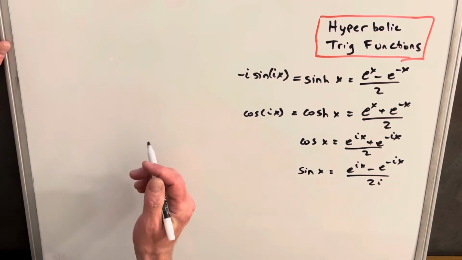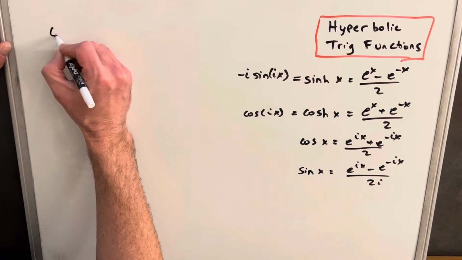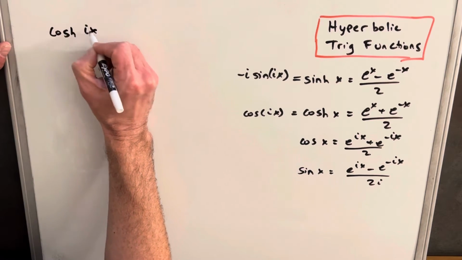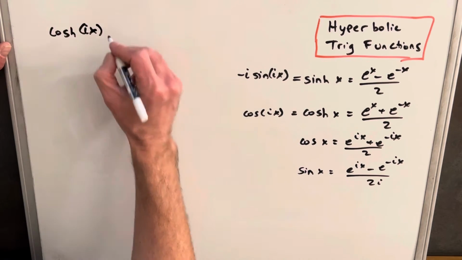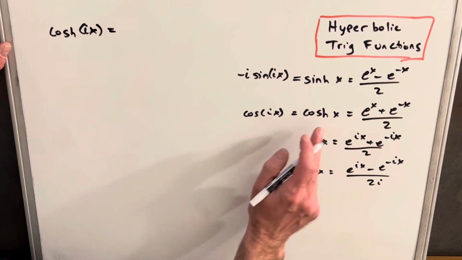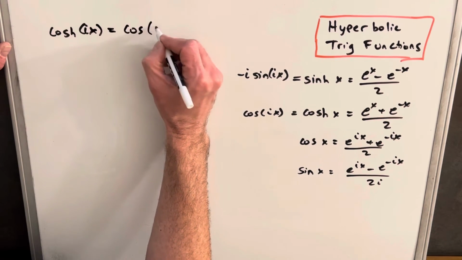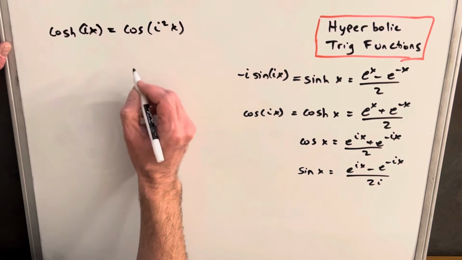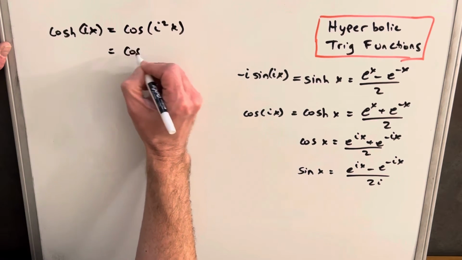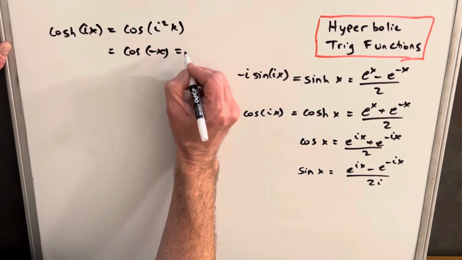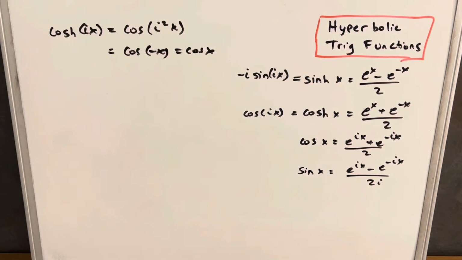And then from here, real quick, we can look at what happens if we look at cosh ix. If we know that cosh of x is cosine ix, it's going to be cosine i squared x. So that's cosine minus x, which is just cosine x.